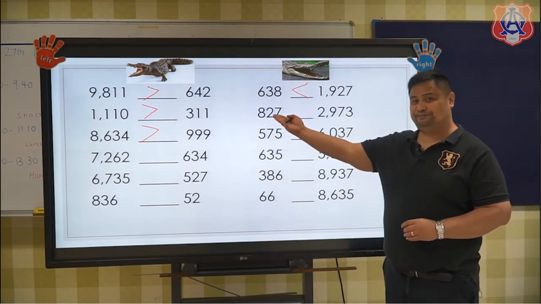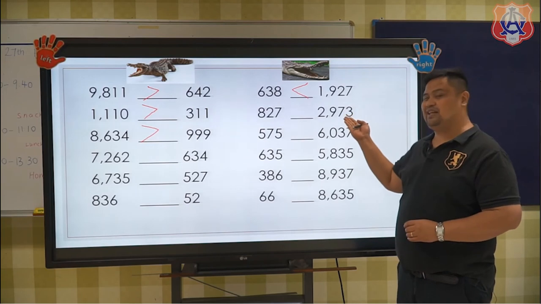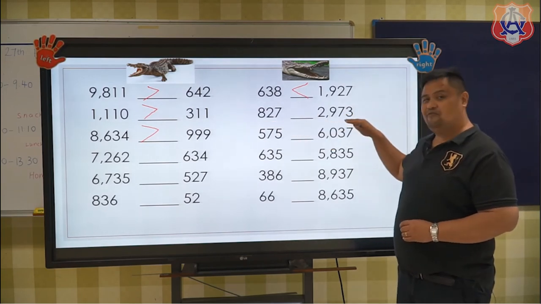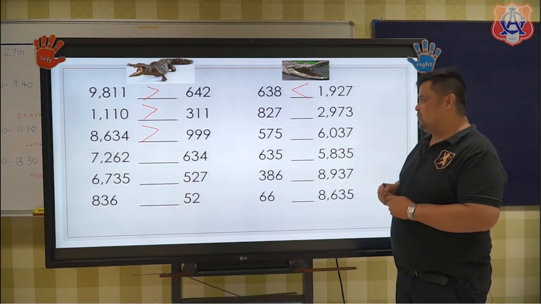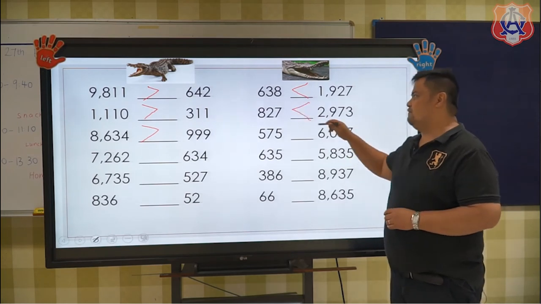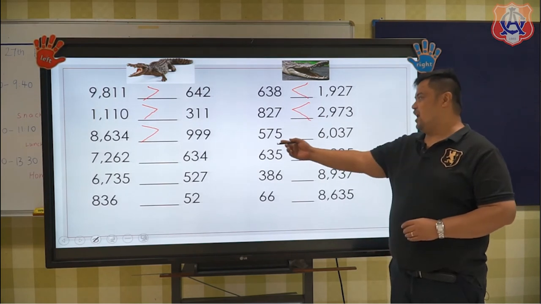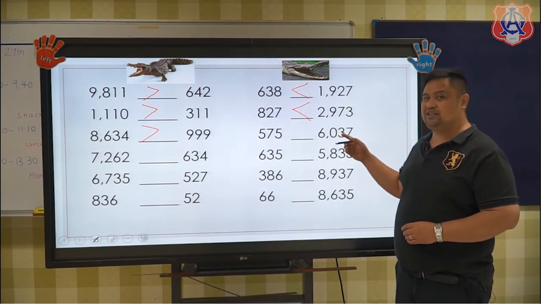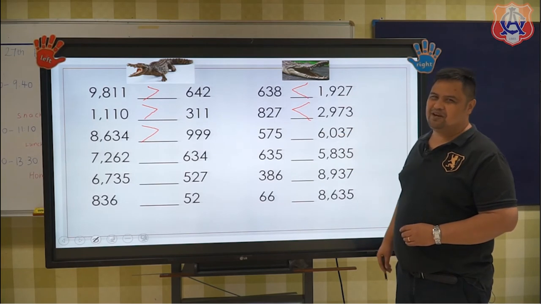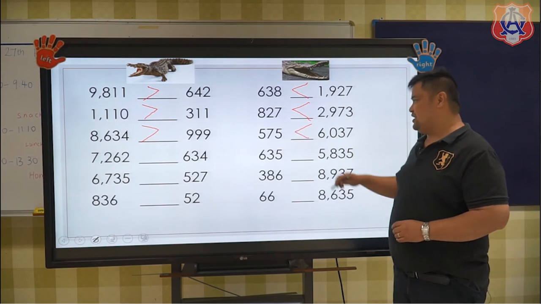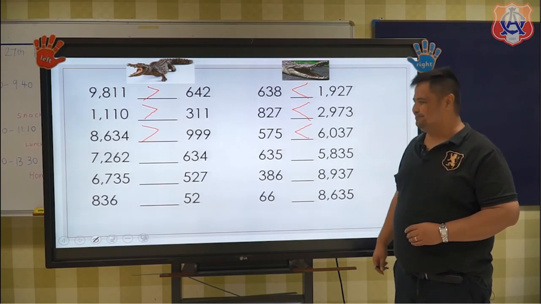How many do you see? And how many do you see in here? This is 3, and there are 4 digits in here. So which means this has a bigger value or greater value. 575 compared to 6,037, which has the bigger value? If your answer is 6,037, then you are correct.